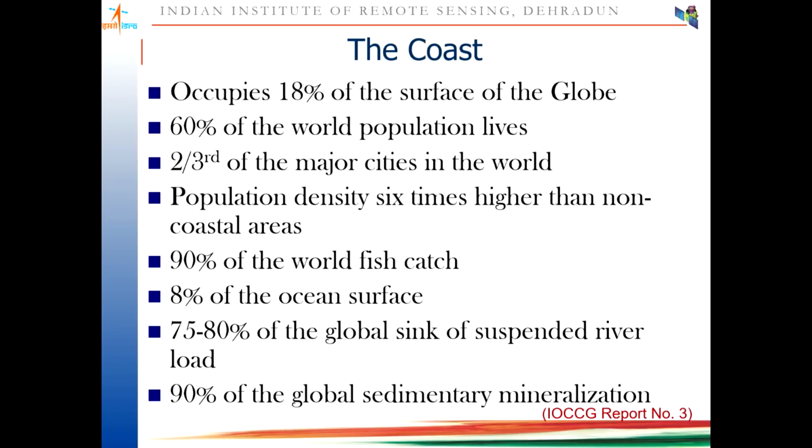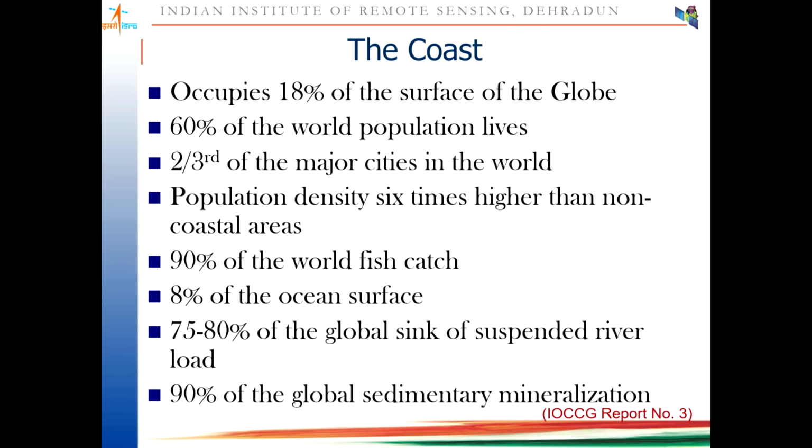In India, except Delhi, all three mega cities like Kolkata, Chennai, Mumbai are lying in the coastal zone. Besides these, there are so many other big cities like Trivandrum and Vizag, also lying in the coastal zone. Definitely, as the area is small and population is too much, the population density is 6 times higher than in the non-coastal areas.